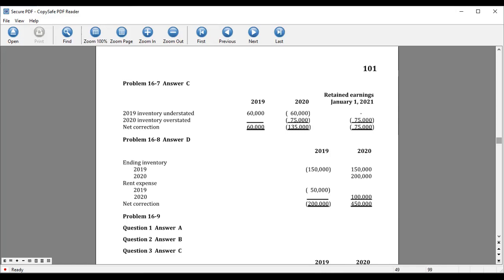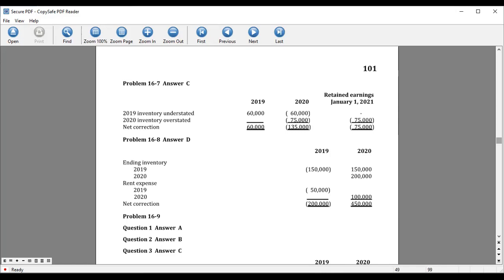Since the ending inventory was understated, the cost of goods sold was overstated, so the net income was understated, and so the amount closed to retained earnings was understated. The 2019 ending inventory becomes the 2020 beginning inventory.